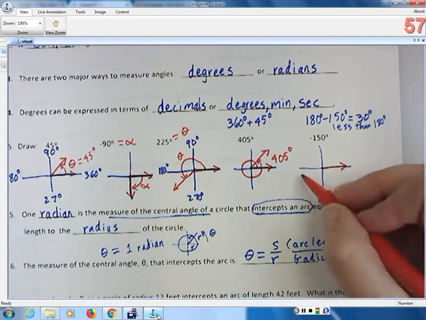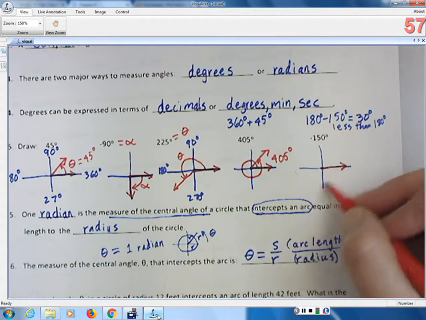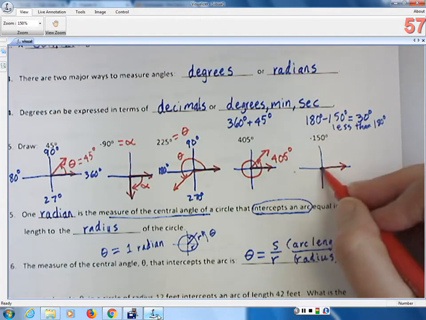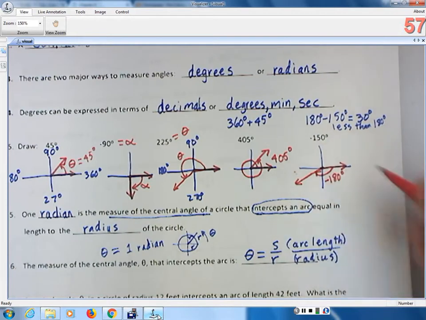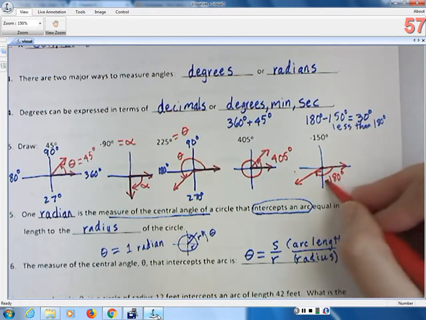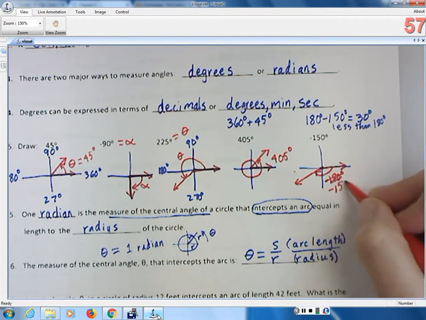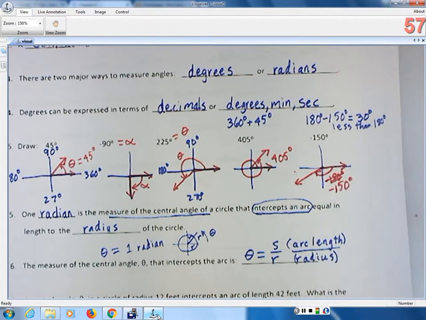It's going to be 30 less than 180. Negative 180 would be here, so it's going to be about 30 less, so it's going to be there. Oh, minus 150. Okay. That wouldn't be 180. 180 would be a straight angle. Minus 150. Did you get that? Okay.